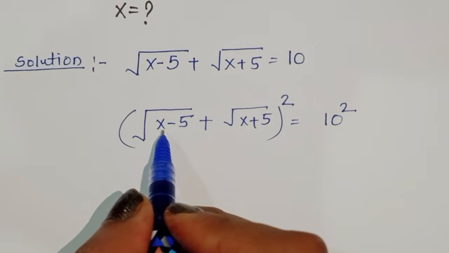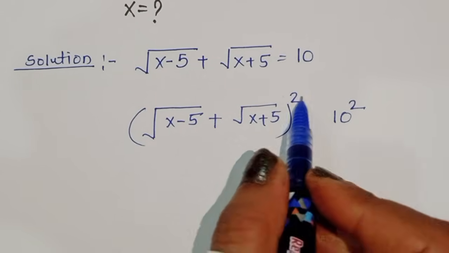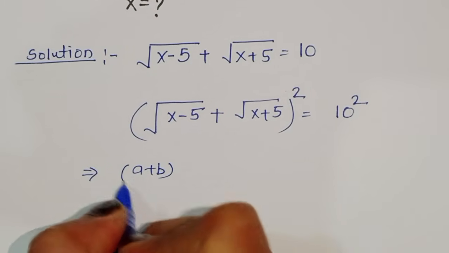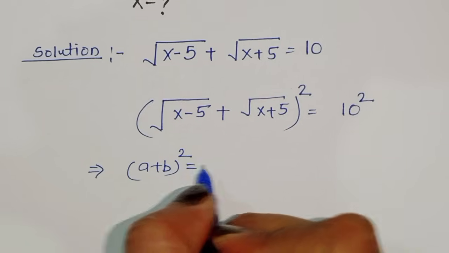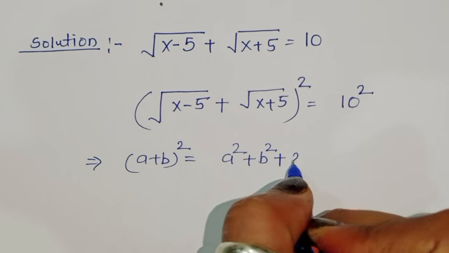If we consider the first term as a and the second as b, this is a plus b whole square. Applying the formula, a plus b whole square is equal to a square plus b square plus 2ab.